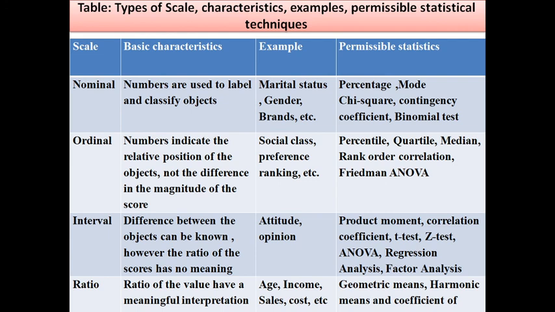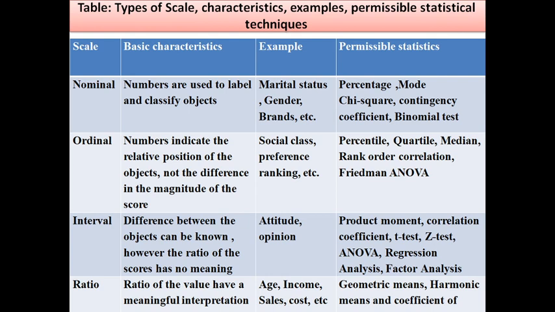Now what are the permissible statistics? Permissible statistics are percentage, as I have shown you, the percentage of male students present in the class and female student percentage present in the class, then mode, chi-square test, contingency coefficient, binomial test. These can be applied in the case of nominal scale. Then next, ordinal scale.